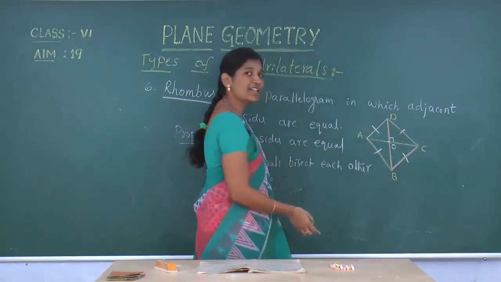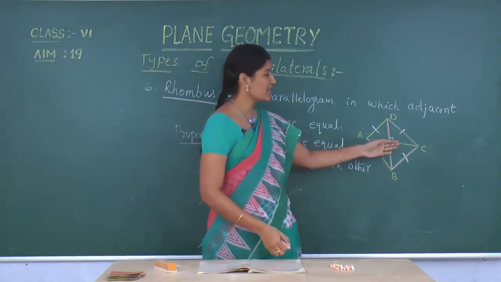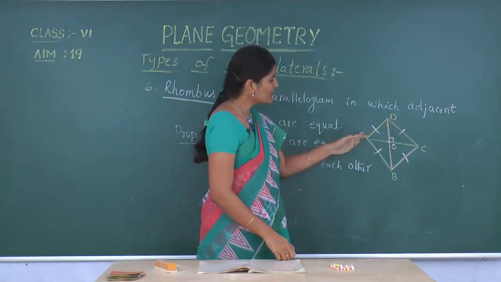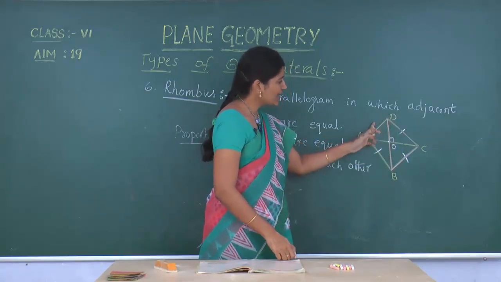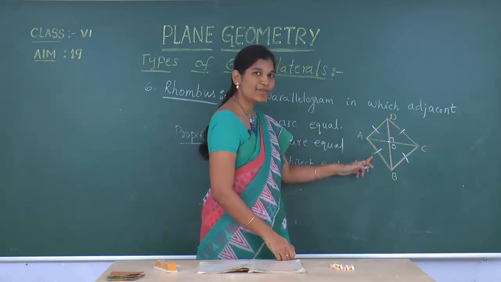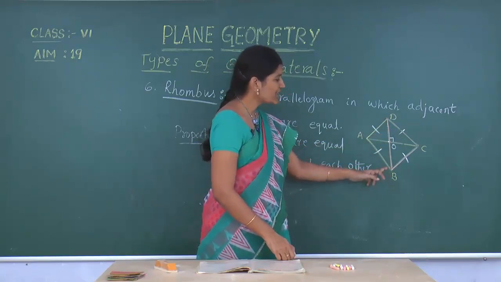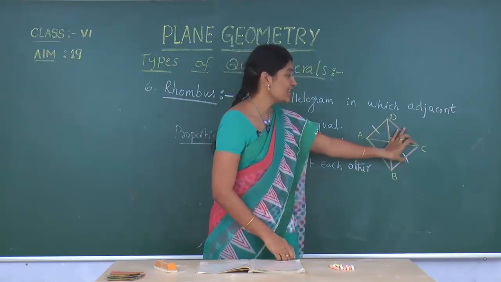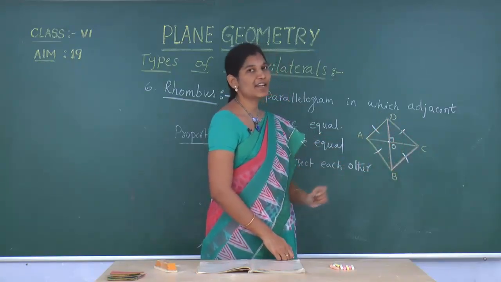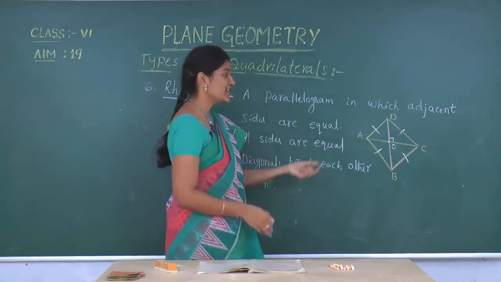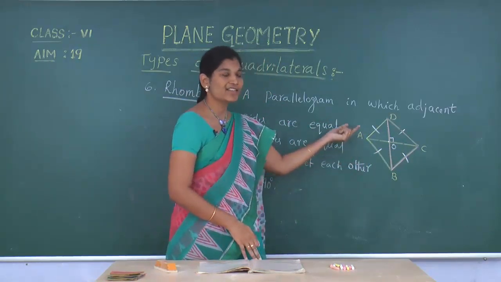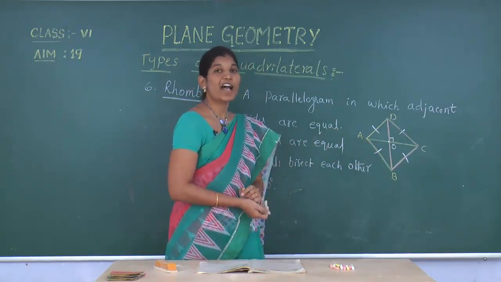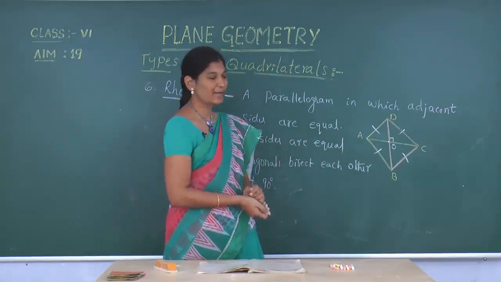So in any triangle if two sides are equal, we can say it is an isosceles triangle. And here also if you observe this triangle, these two sides are equal, so this triangle is an isosceles triangle. Moreover, these two sides and these two sides are equal. So I can say each diagonal divides the rhombus into two congruent isosceles triangles.